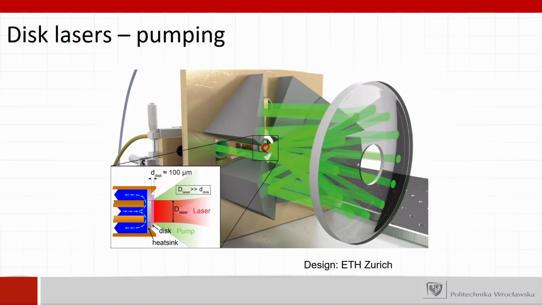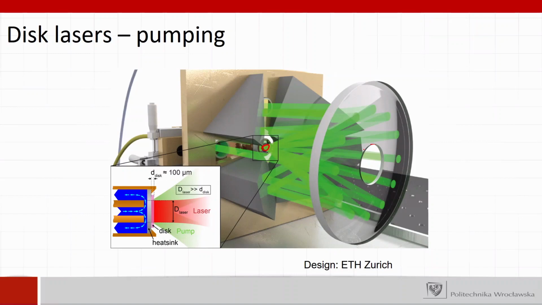The disk is placed on the heatsink, which is also at the same time a reflector, a mirror. And this heatsink is water cooled, so you have water channels inside. So we just extract the heat very efficiently. And the laser beam is the red one here, and the green one is the pump laser in this image.